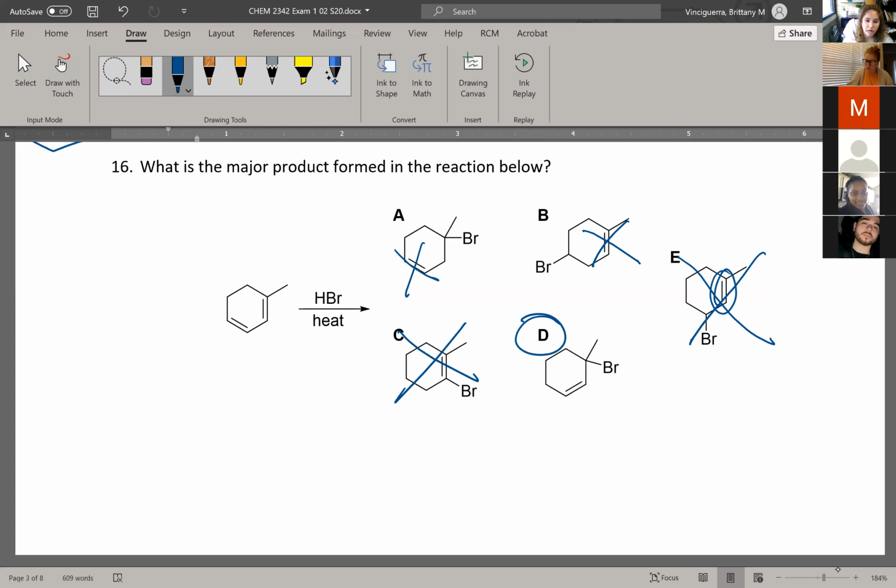Now, if you wanted to actually work through the problem, which I highly recommend, there are a couple of ways that you could approach this. So you want to end up with the most stable carbocation, right? How can I get the most stable carbocation?